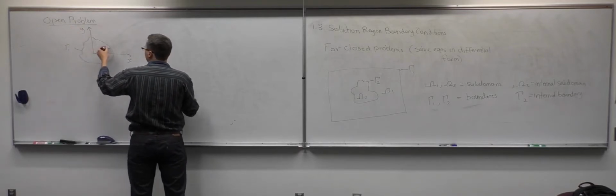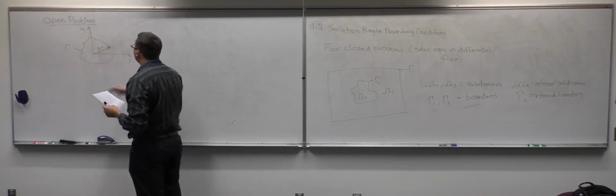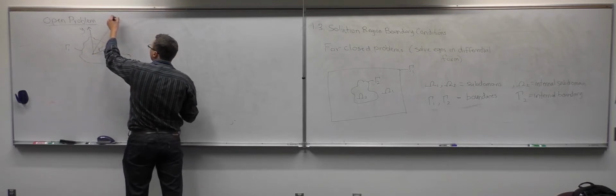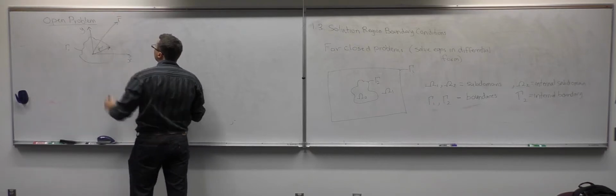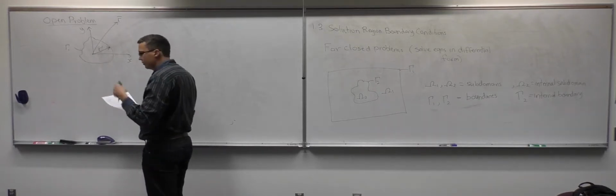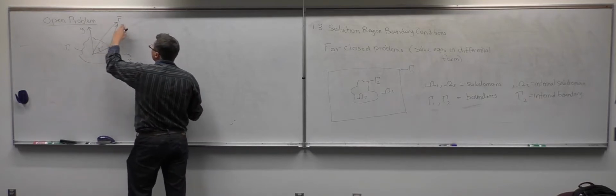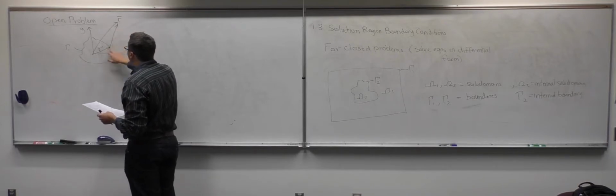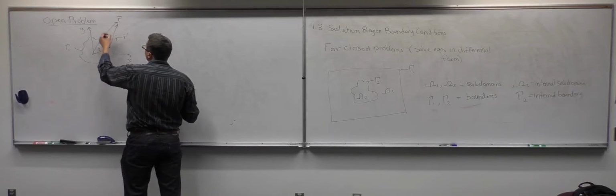You might have some value defined by vector r prime, and then you might say, okay, what is the value at position r, the magnetic value, for example. And so the value at r would be related to the distance away from the boundary, so r minus r prime.